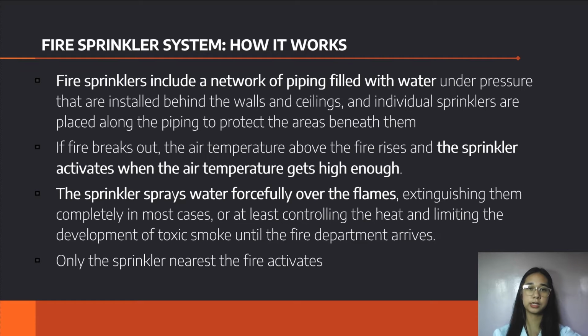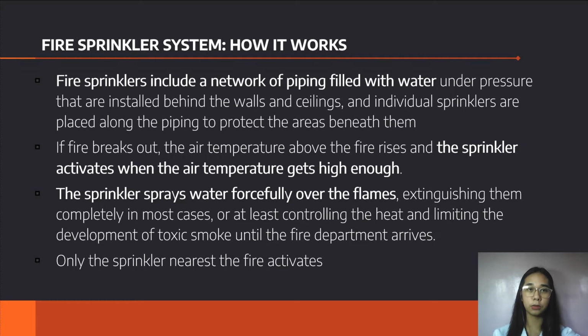Fire sprinklers include a network of piping filled with water under pressure that is installed behind the walls and ceilings, and individual sprinklers are placed along the piping to protect the areas beneath them. Because the water is always in the piping, fire sprinklers are always on call.